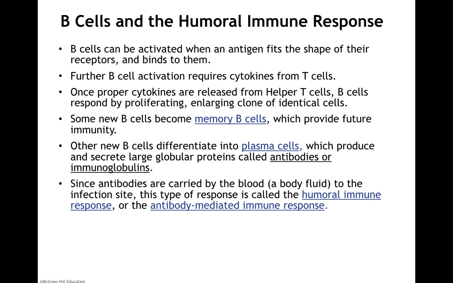Some of the B cells will become memory cells to protect against future infections. Many of them will differentiate into plasma cells that will pump out large amounts of the proteins we call antibodies. Those antibodies are carried by the blood or some other body fluid, so this is a humoral response, also known as an antibody-mediated response.